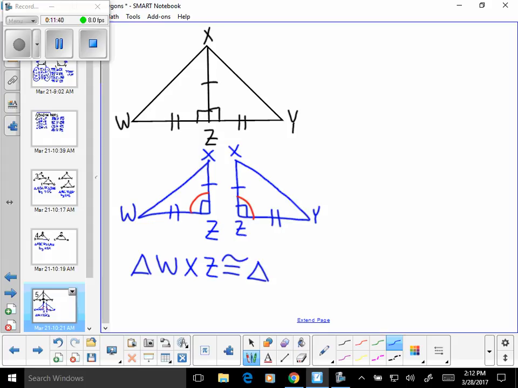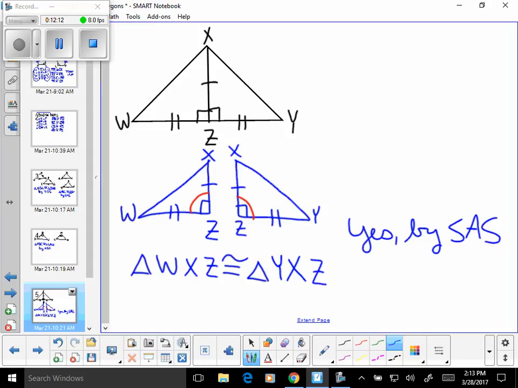So W has to correspond to Y. And X, of course, has to correspond to itself, and then Z corresponds to itself. So I have the two triangles congruent, WXZ and triangle YXZ. So I'm going to say yes, and it is by side, angle, side.